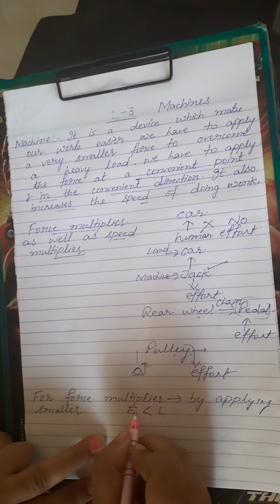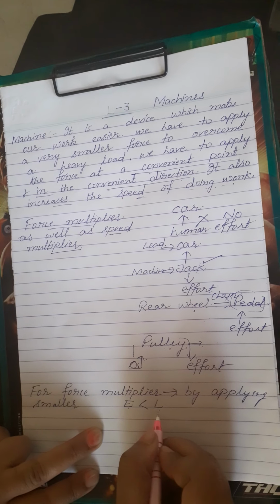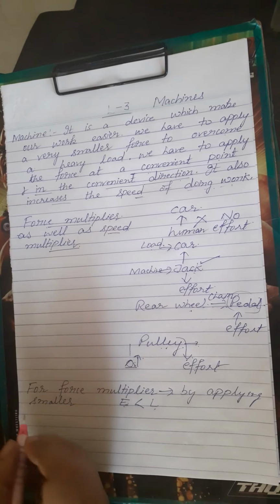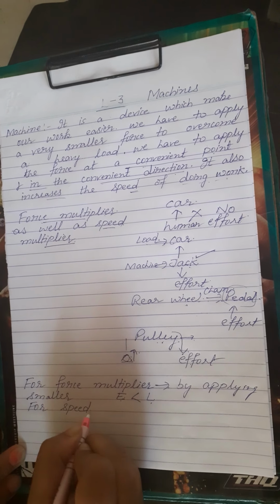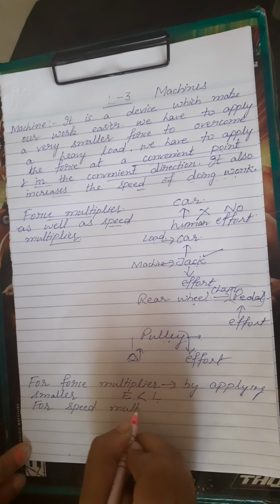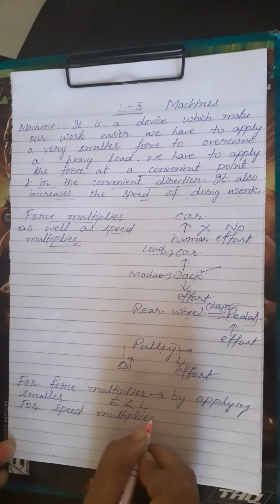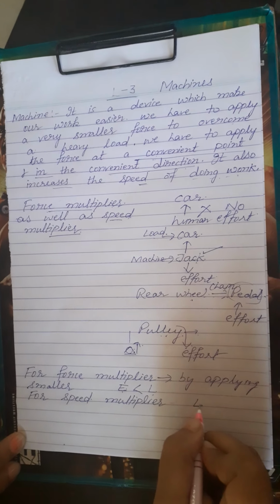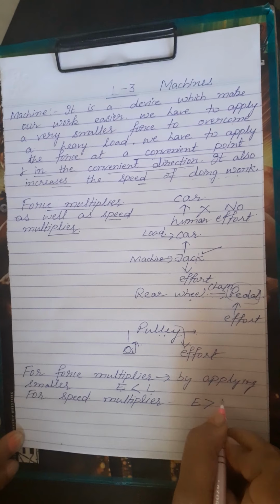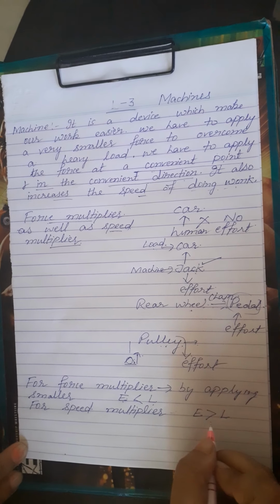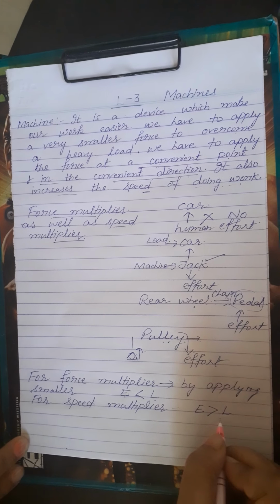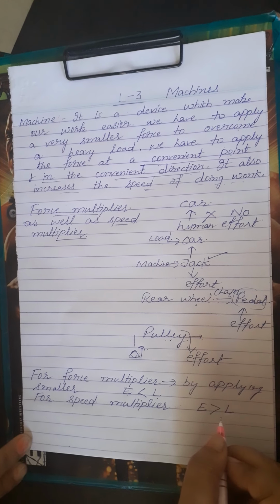Effort will be smaller, but machine can be able to pick up the heavy load. And for speed multiplier, reverse of that, effort will be greater than load. We have to apply great effort, then only it will be able to overcome the heavy load.